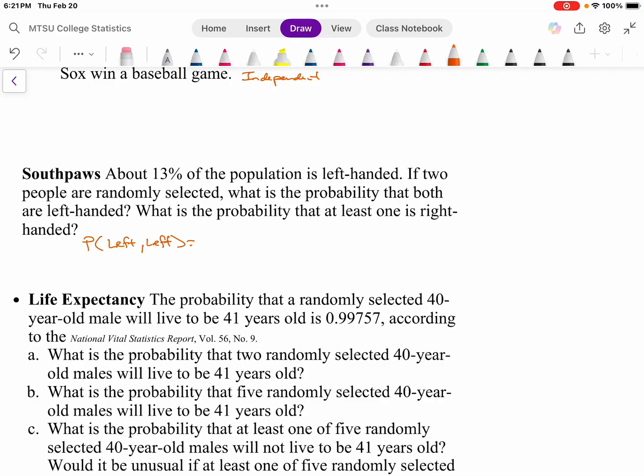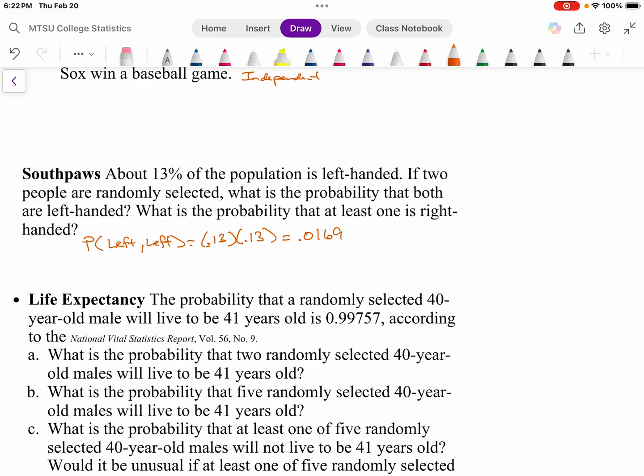In that case, it would be 0.13 times 0.13. It's still an independent situation, since we're working with the proportions there. So that would be 0.0169.